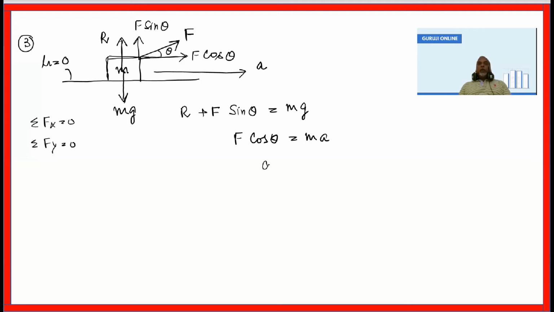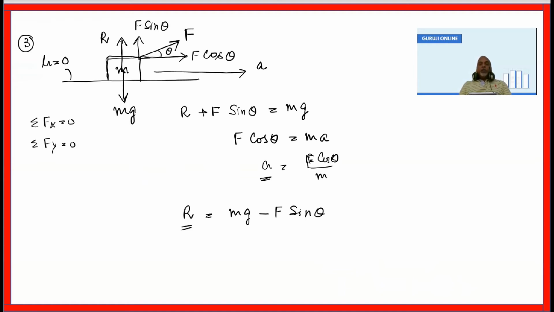So here A is F cos theta upon M, and R is what? R is your reaction. So you can find out the reaction, you can find out the acceleration.